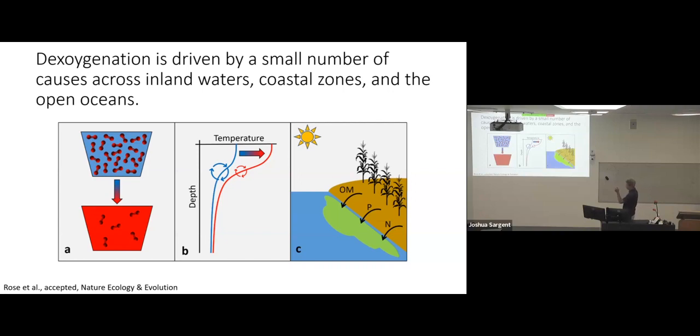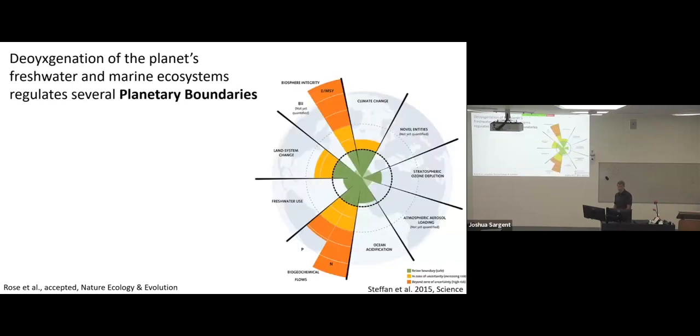A, reduced solubility under warming. B, increases in stratification strength, duration, et cetera. And C, increases in organic matter loading or nutrients, phosphorus and nitrogen. The relative importance of those three varies based on our ecosystem type and where we're located, but those are the common drivers across it.